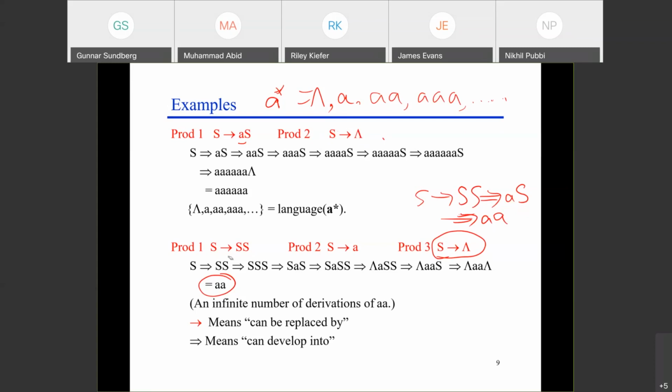Or you can choose this way of derivation: SS, then replace one S again with SS, and then this S with A, and then replace this S with SS, and then replace the first S with lambda. It's a long way, just to show you that you can do whatever you want. Then this S with A, and this S with lambda, and lambda concatenated with any letter will vanish, and you will have A there.